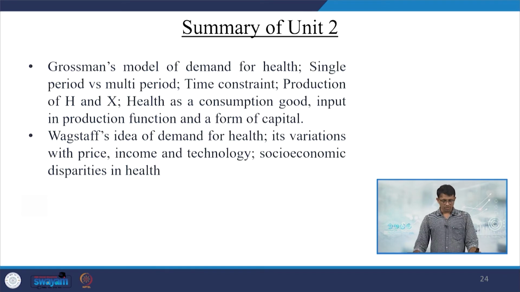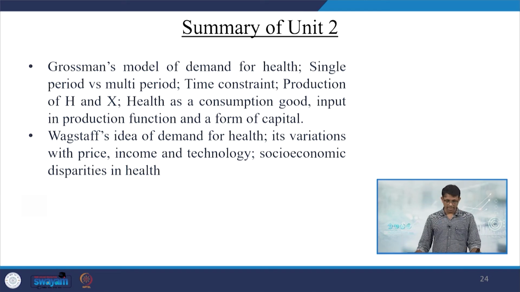demand for healthcare. Then Grossman's model of demand for health: we also emphasized the single period and multi-period context, and time as a constant. In the model we emphasized taking 24 hours and how it is allocated, and the production function with health as a product and other than health, that is X, as a product.